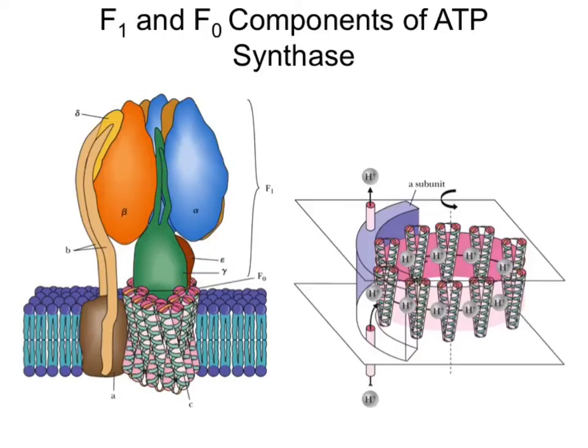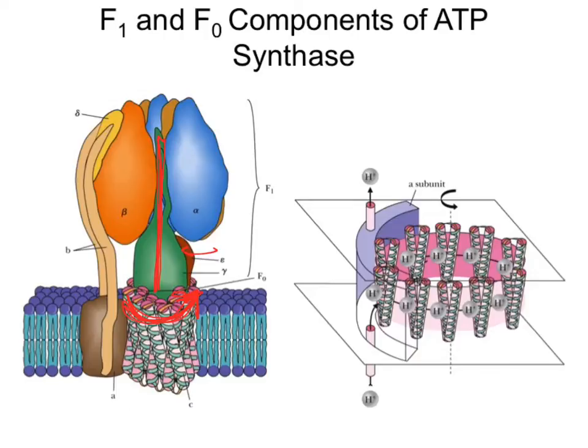I think I can do it in red. Our C subunit is rotating like crazy within our F0. I'm not positive on this, but it sure looks like the epsilon is the only one that's going to rotate. Maybe, or sorry, the gamma. Maybe the epsilon rotates as well.